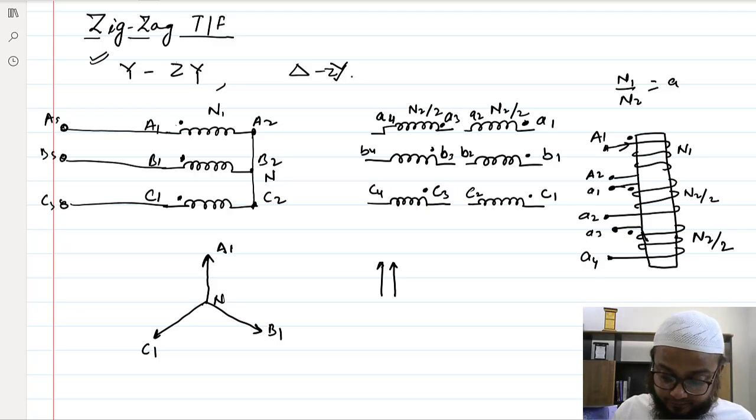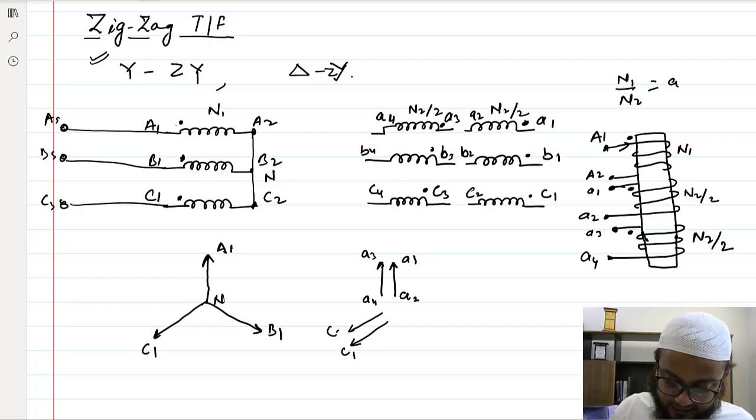So we have here A2, A1, A4, and A3. Similarly for C phase, C1 and C3 here, the even numbers, and B1 and B3 here.